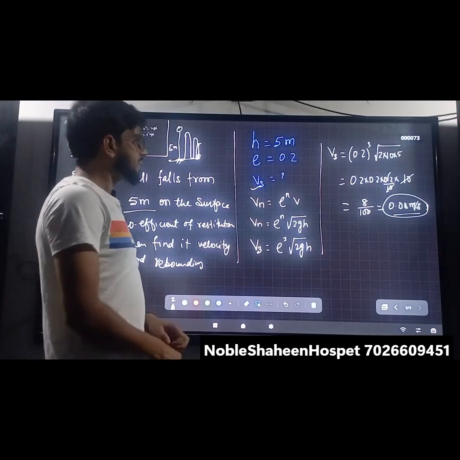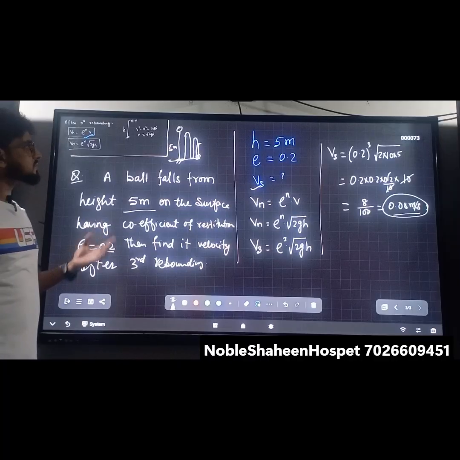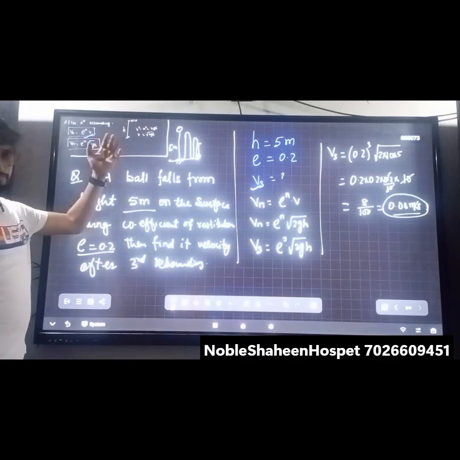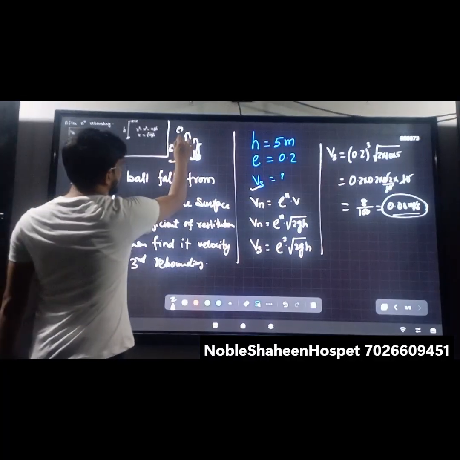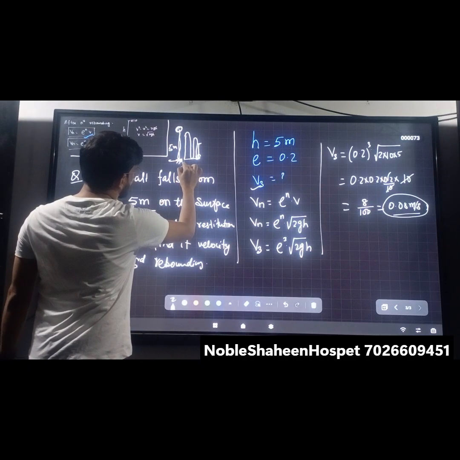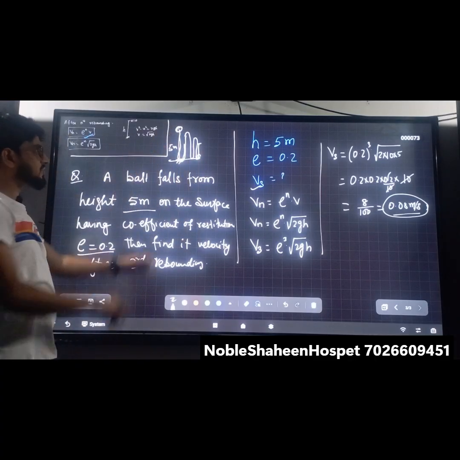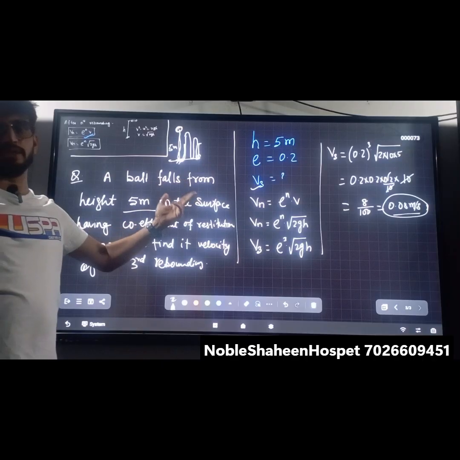Okay, now we will discuss the height, that means after the nth collision how high it will go up. We can easily see that if the particle is coming from here, then after the first rebounding it will not attain the same height, because the coefficient of restitution e is not equal to 1.